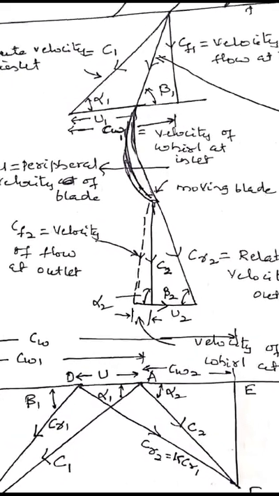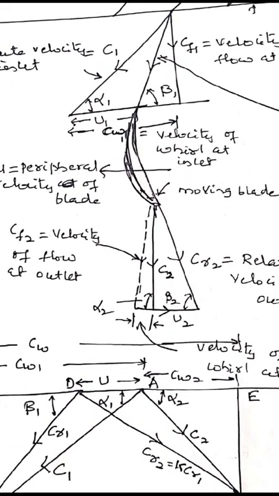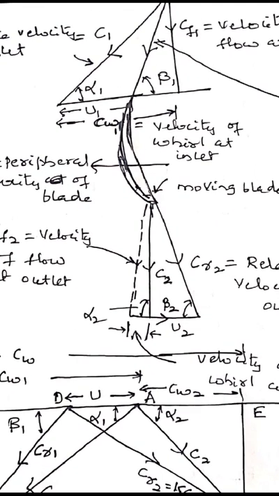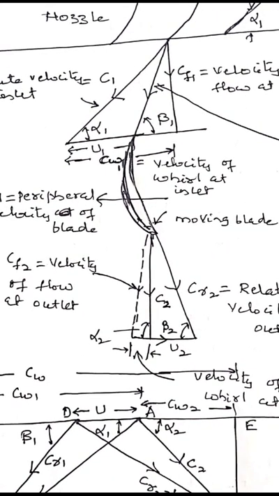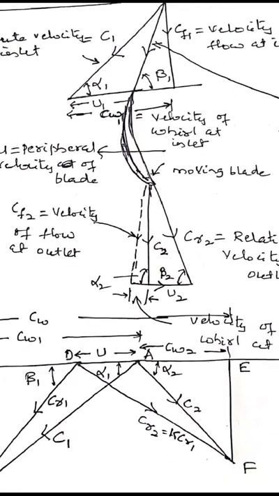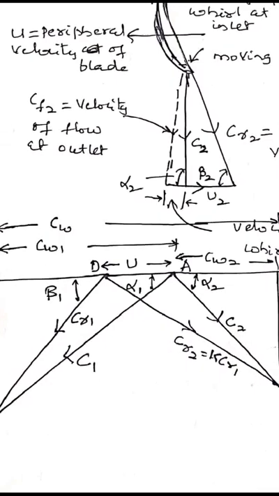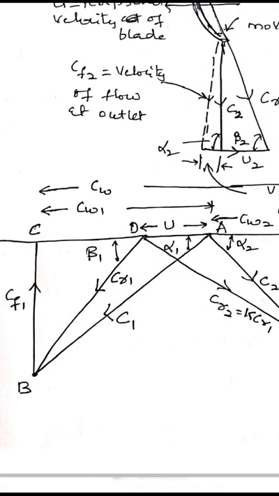As we can see from the figure, the blade velocities at inlet and outlet are the same. Therefore, these two velocity triangles can be combined and a combined velocity diagram can be drawn with common base AD representing the blade velocity U.